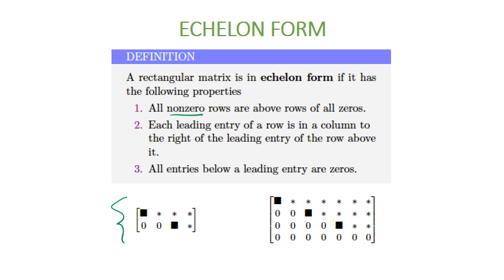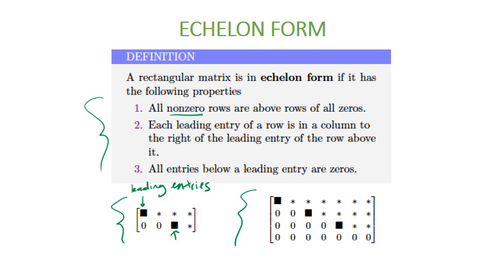So here are some examples. I can read this definition to you, but I think it's easier to see it. So when you're looking at these examples, these are known as the leading entries. So these boxes here, because they're the first non-zero entry.